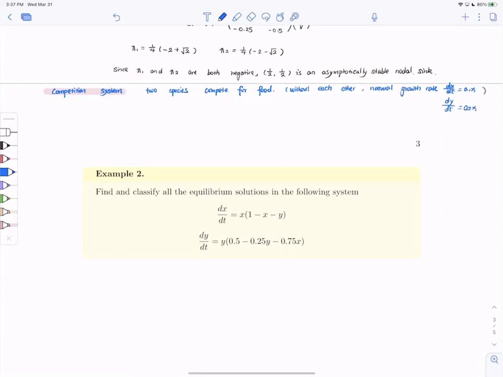Now, if you put them together, they're going to compete for food. Do you think their population is going to increase or decrease? Decrease, for both, right?